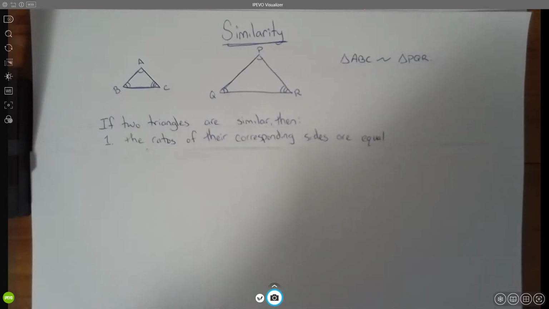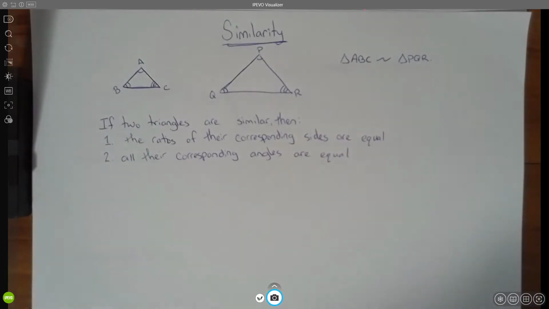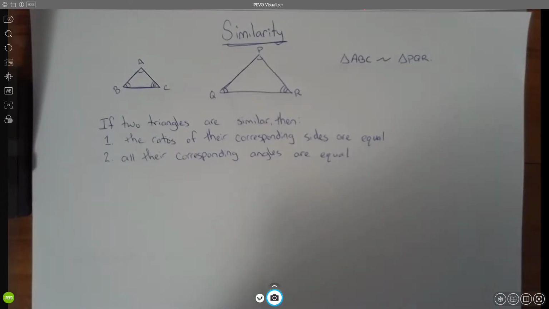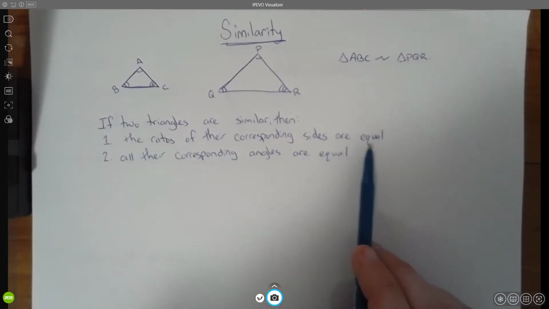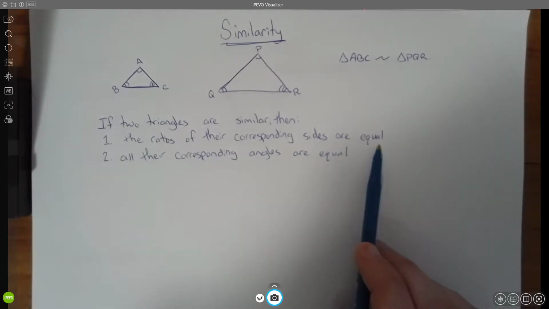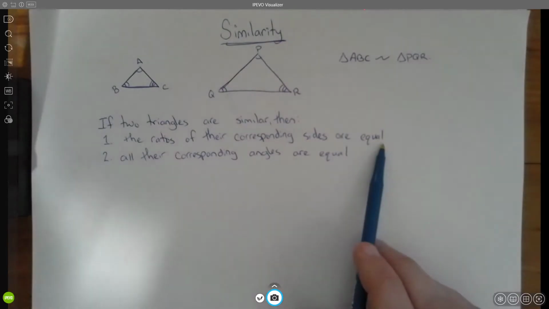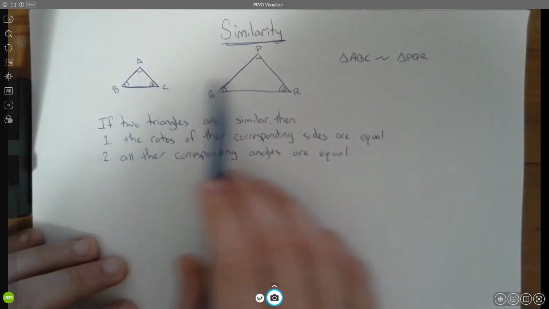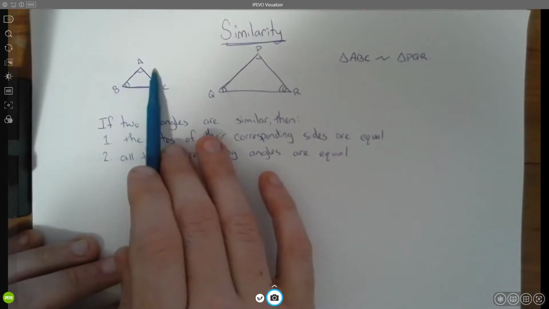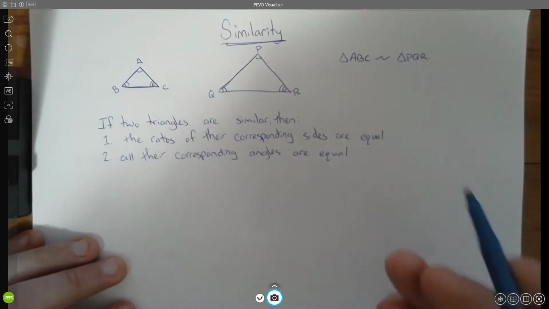Let's take a look at a rule associated with similarity. We could say if two triangles are similar, then these two things need to be true. 1, the ratio of their corresponding sides are equal. Okay, so we're going to get into this in a minute, but what this means is that when I take a look at these two triangles, every side length has to be scaled up to the same amount.